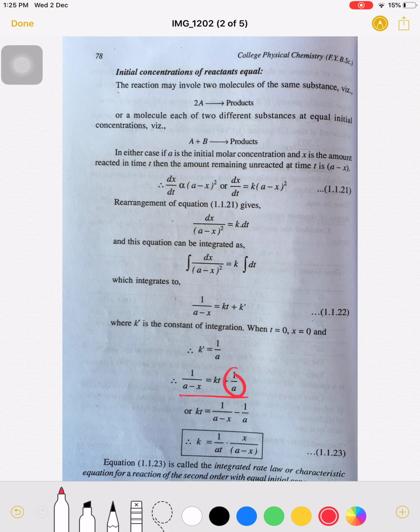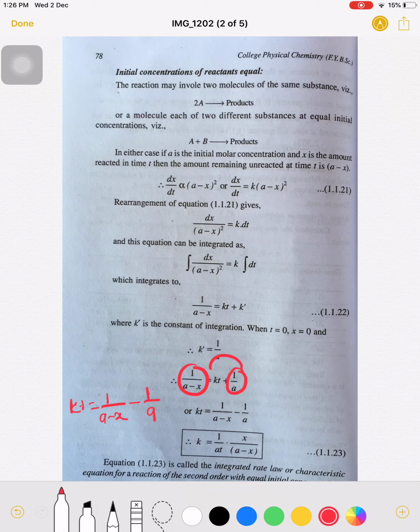This value is taken to the left hand side, therefore it becomes negative. So 1 upon (a minus x) minus 1 upon a is equal to kt.